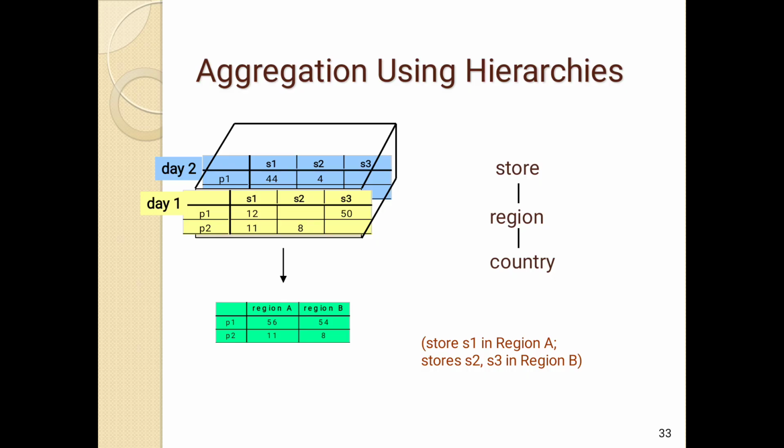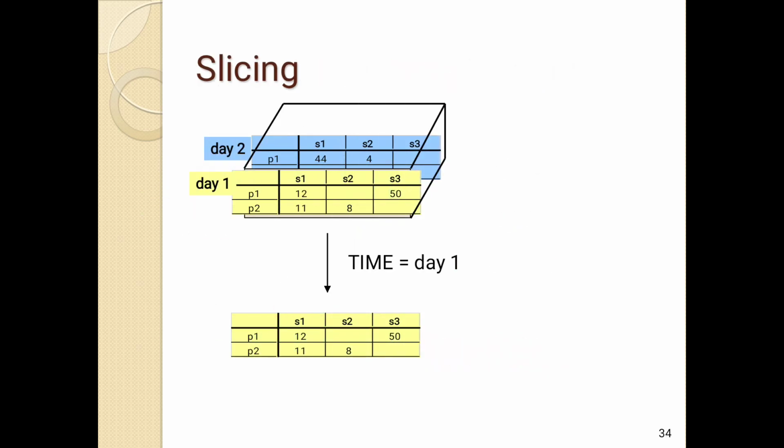So region A, region B, we can combine them as countries, right? So for the products P1 and P2, you will also consider the stores S1, S2 and S3. So where the S2 store is, where the S3 store is, in which region we are considering.